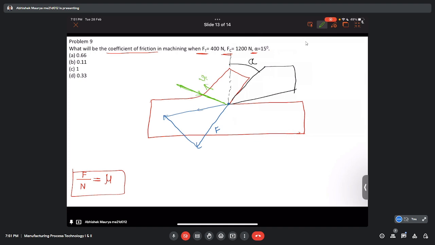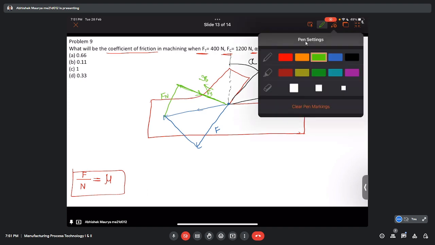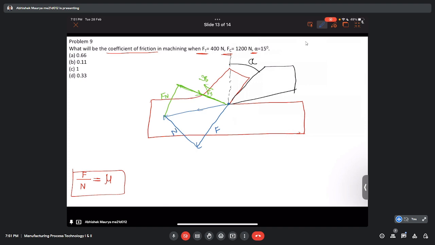So there is shear velocity, so the friction will come in opposite, and at the same time a perpendicular force acting on the chip on the shear plane, that is Fn. So these two are Fn.